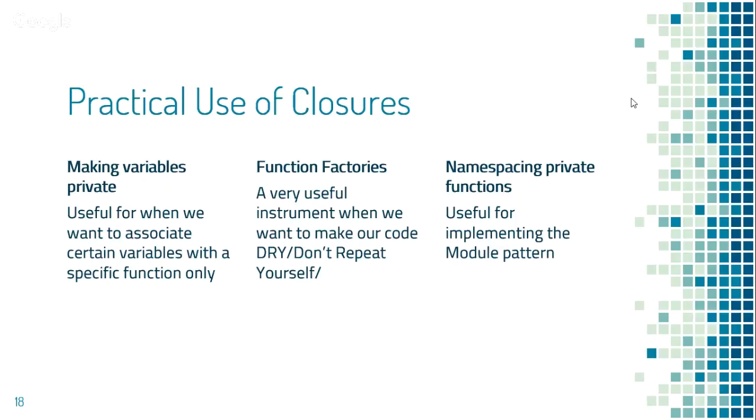Let's return to the practical uses of closures. The second one, function factories, is probably the best use case for a closure. We'll see an example of that in a bit, but in a nutshell, function factories are functions that have some kind of predefined variables in them, and they return another function.